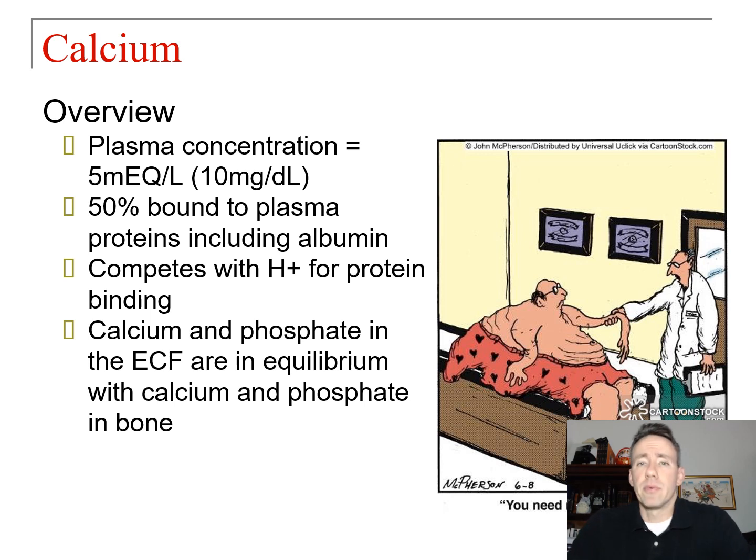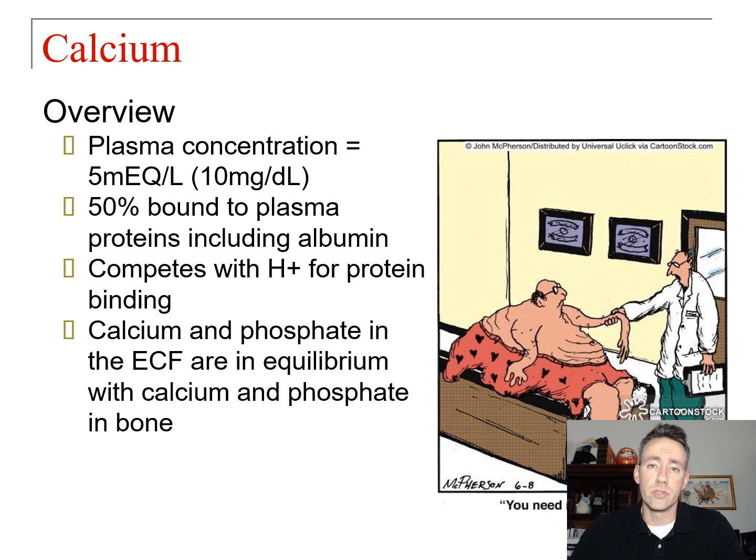So as an example, in an acidotic state, where you would have more protons in the blood, the increase in protons, which would lower your pH, would outcompete calcium binding on the proteins. Therefore, more protons would bind to the proteins, and that would release more calcium into the plasma, therefore increasing free calcium plasma concentrations.